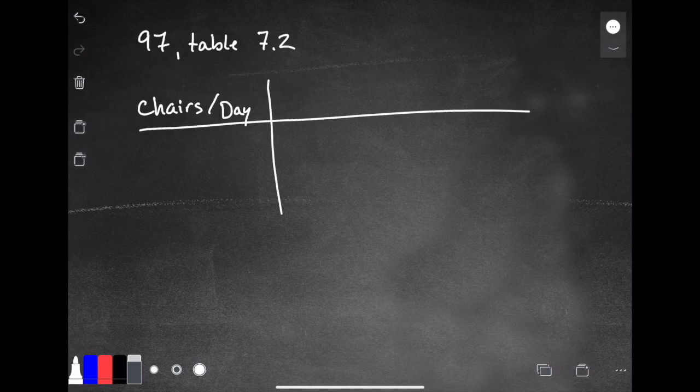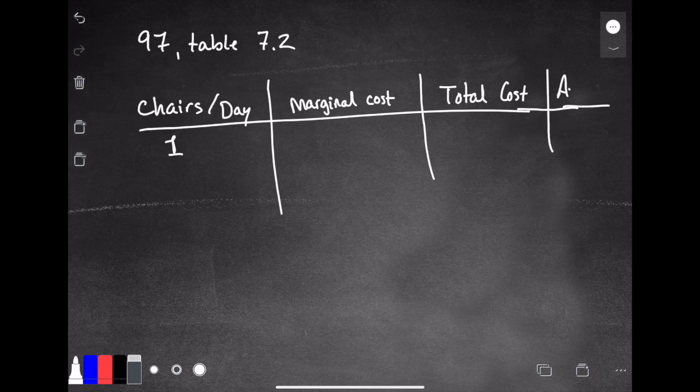If you make 1 chair per day, it costs you, so we'll call this the marginal cost, and then we want to look at total cost and average cost. If you make one chair per day, let's say that chair costs you $100 to make. So your total cost is going to be 100, and your average cost per chair is also 100.